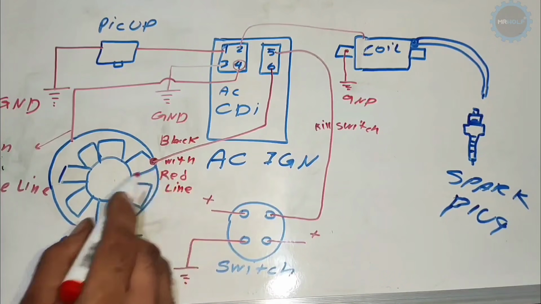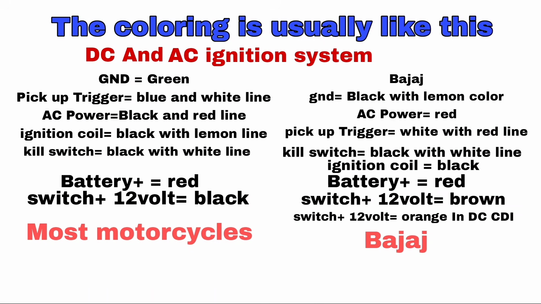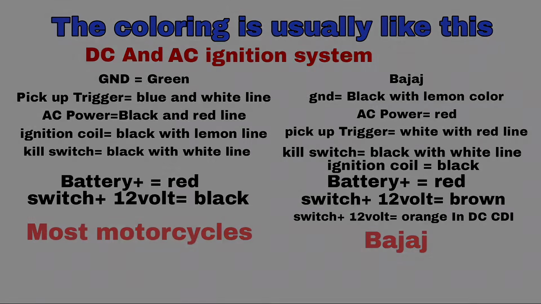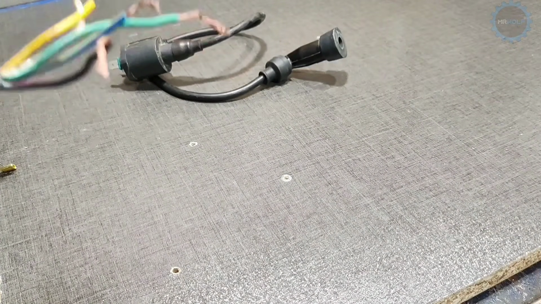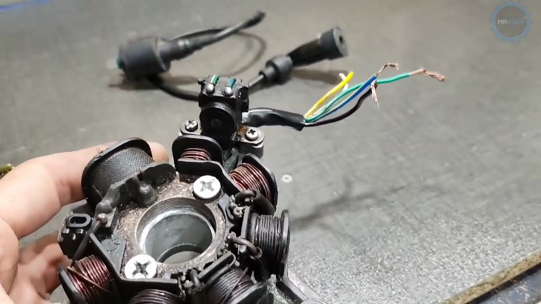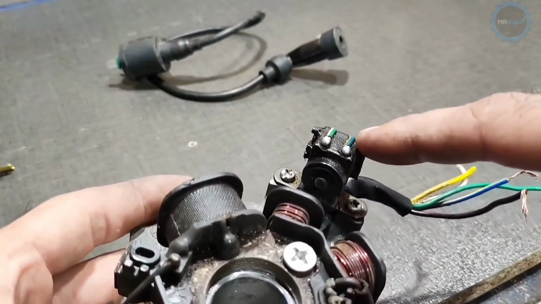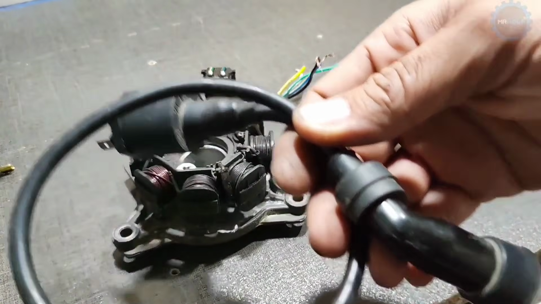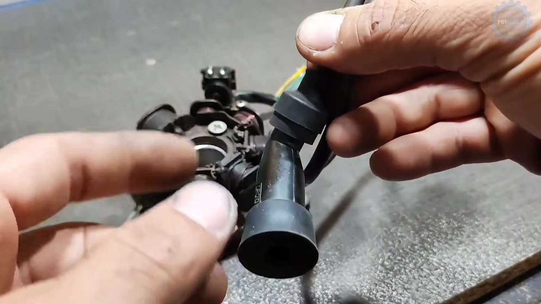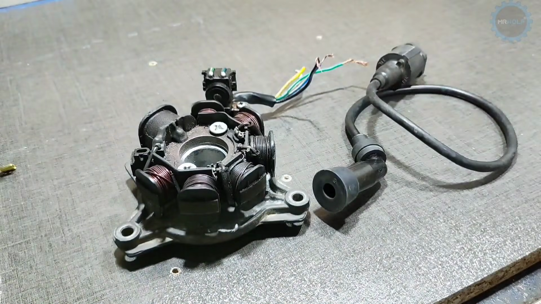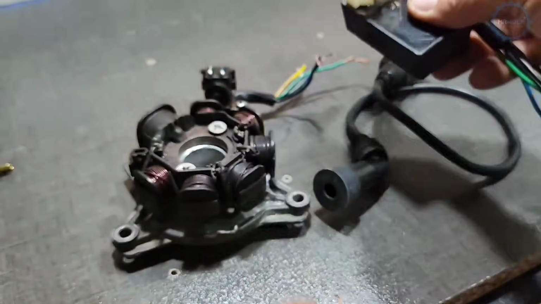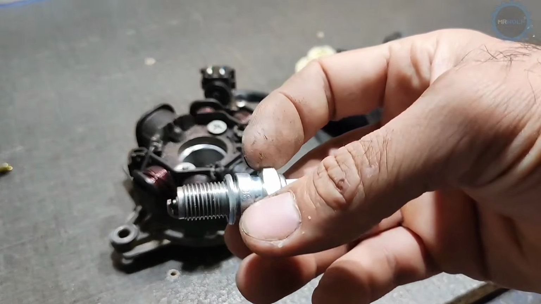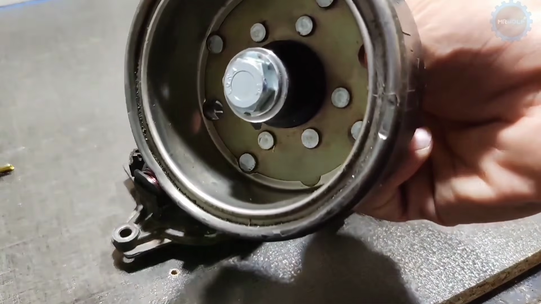Let's see it in practice. For simulating the CDI, we need a coil starter and plate and trigger, a coil with spark plug head, CDI box and socket, spark plug and flywheel magneto.